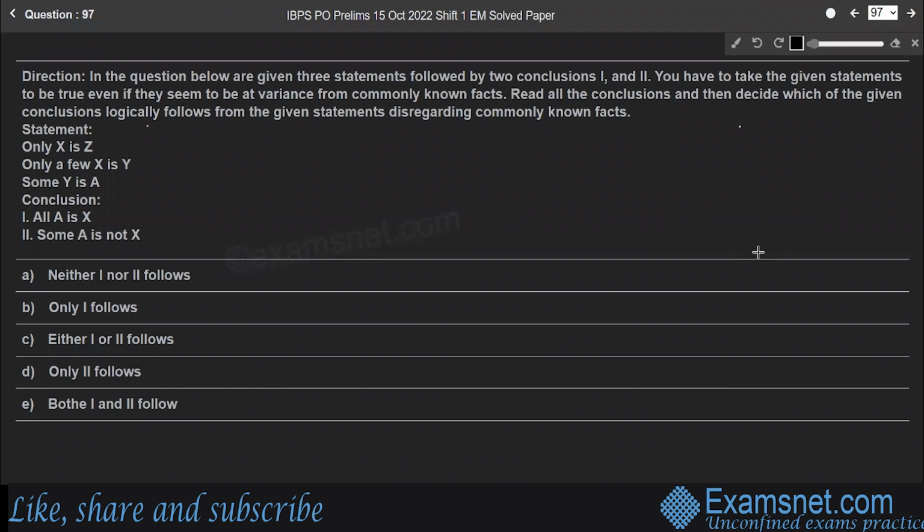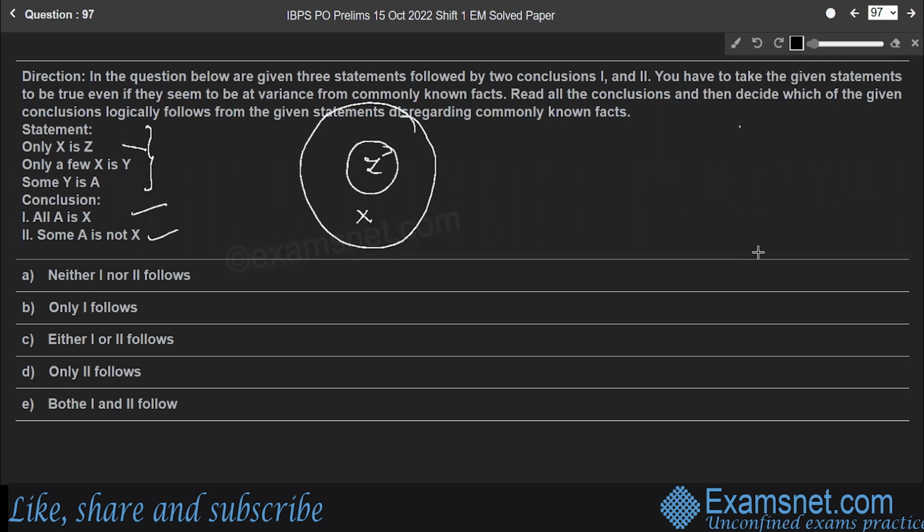Question 98. Again, as in the previous questions, here also there are 3 statements given. So based on the statements, we have to decide which of the given conclusions logically follows from the given statements, right? Here the first statement is only X is Z. So that means the set of Z is completely included in the set of X. So every portion of Z is only X, right?